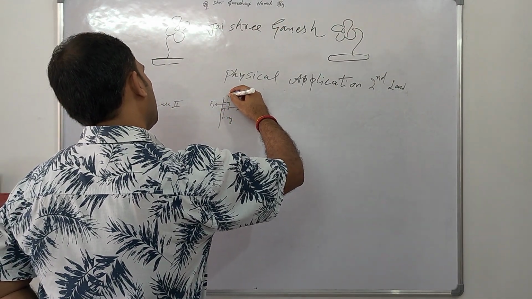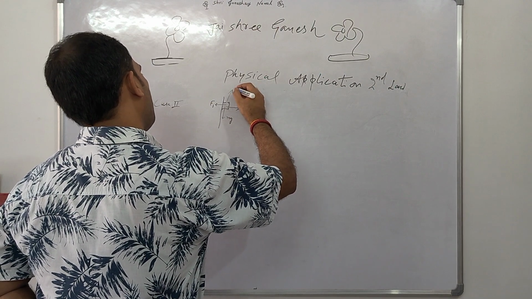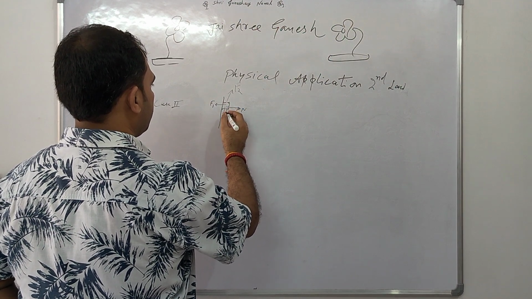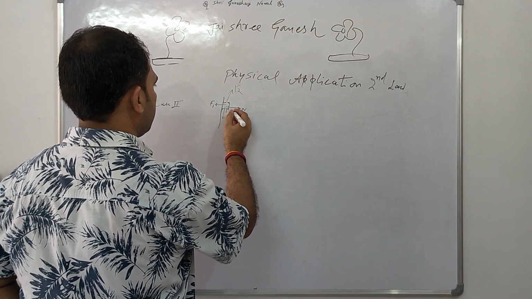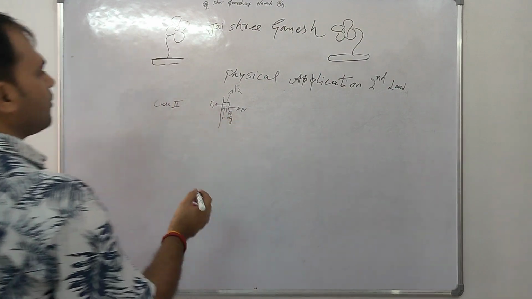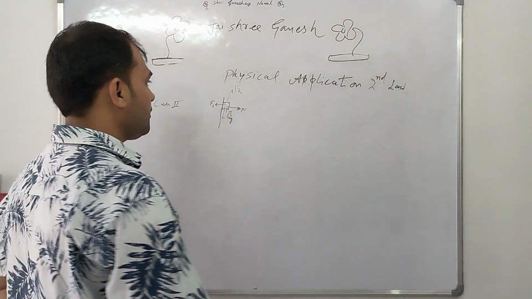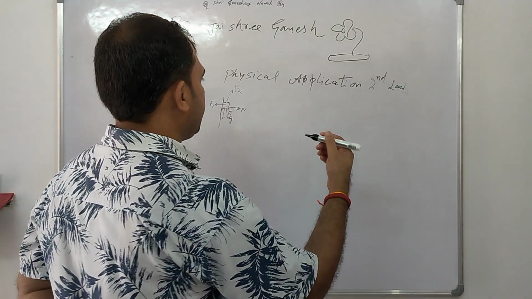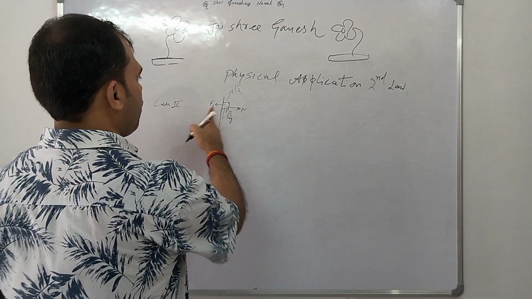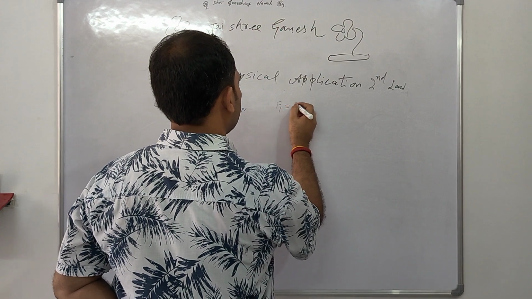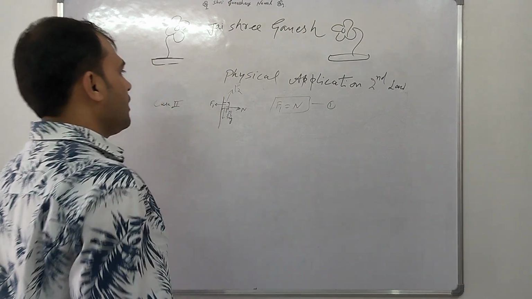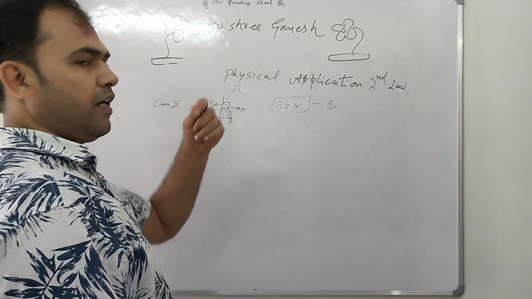There are two other forces, F2 and F3. Now there will be no motion in the horizontal direction, so F1 will be equal to N. They will balance each other. This is equation 1.